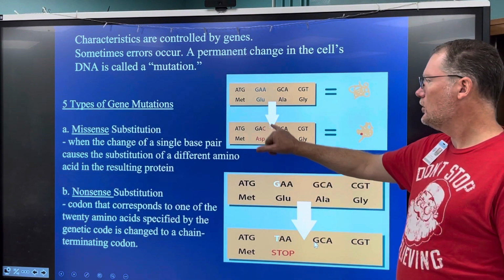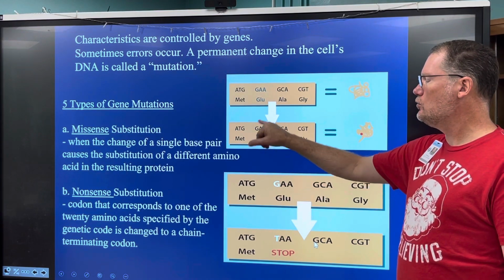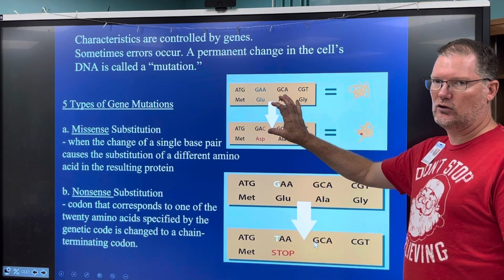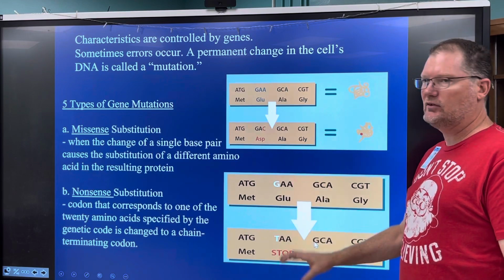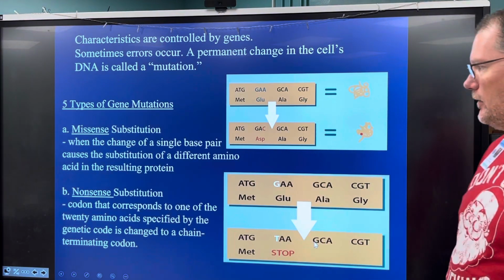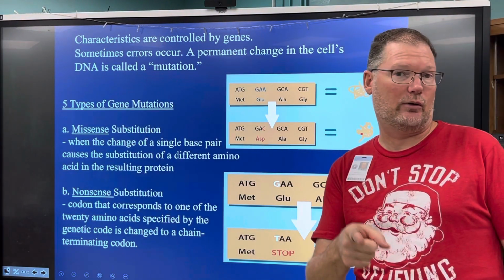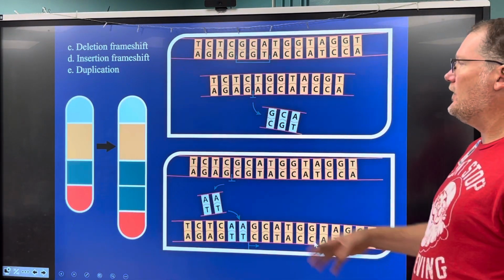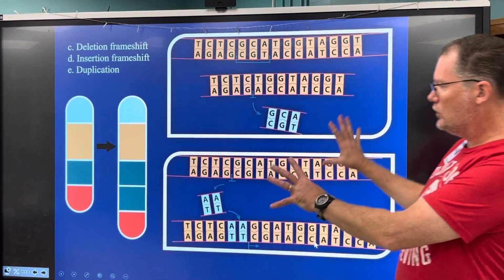So one is just replacing one to create a new missense, is creating a new amino acid. Nonsense is stopping it. Stop this nonsense. That's a good way to remember that one. Then there are three others, and they're just shown here in pictures.